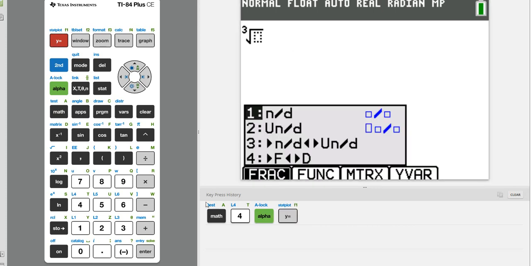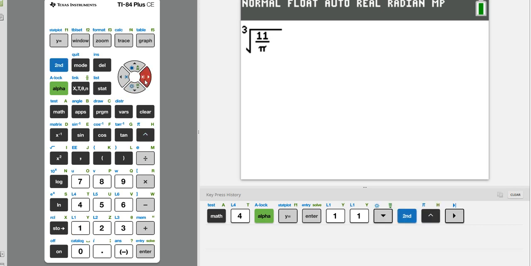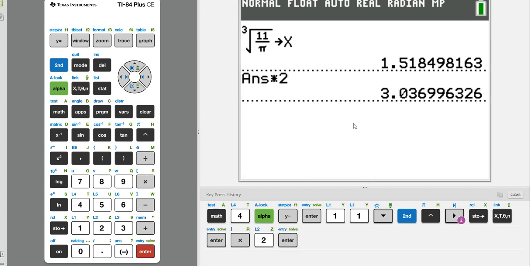This first option allows me to do a fraction like this. 11 divided by pi. And I'm going to take this and store it in X, because I'm going to need to use this to find the height. But take note of the actual radius there. Times 2 for the diameter, so about 3.037 inches for the diameter.